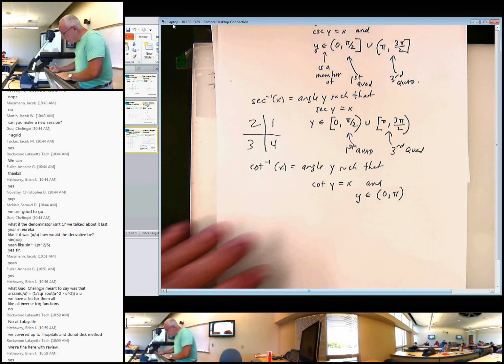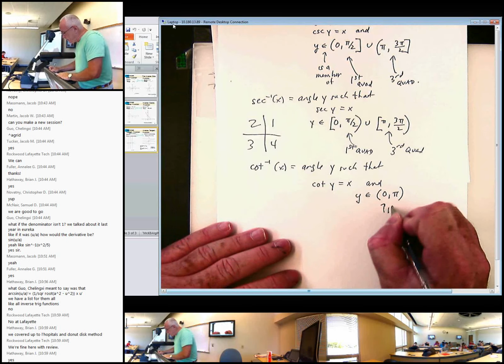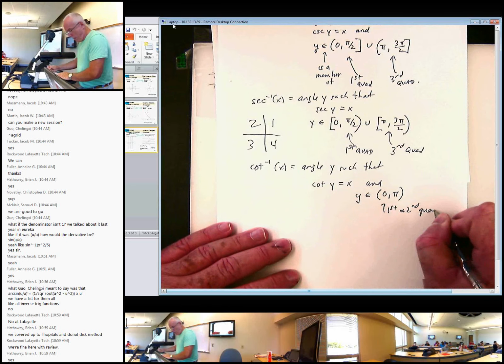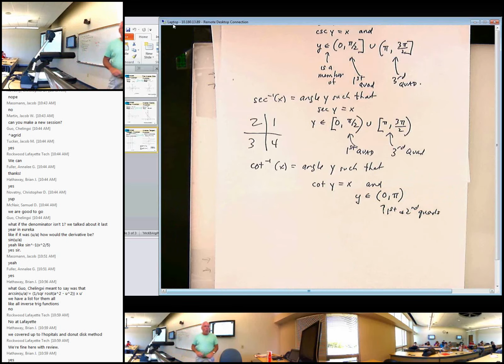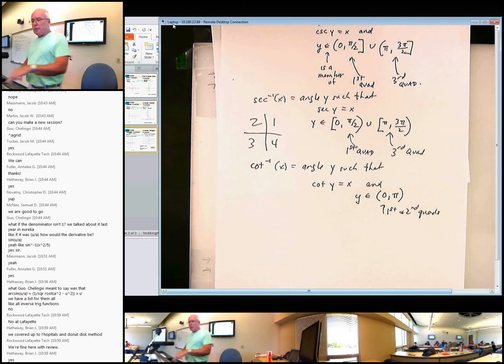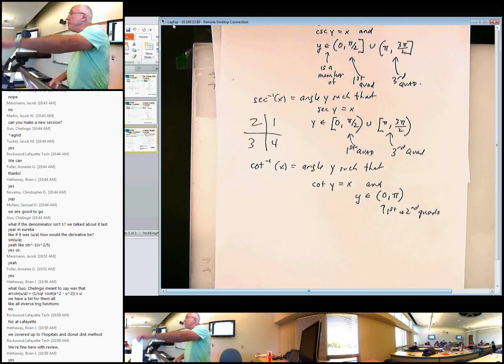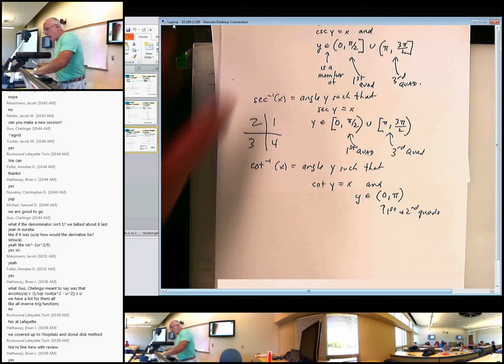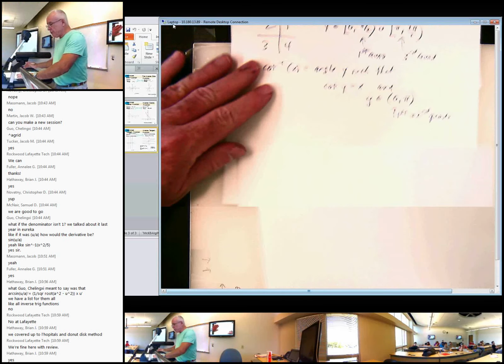And so this is the first and second quadrants. What I'm then going to put up here on the paper are the derivatives of these three inverses.